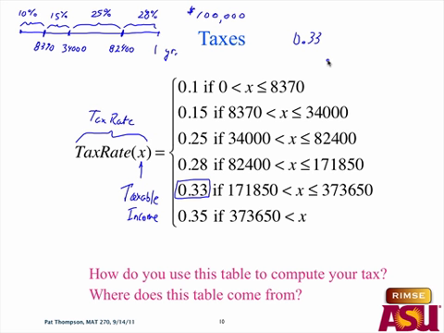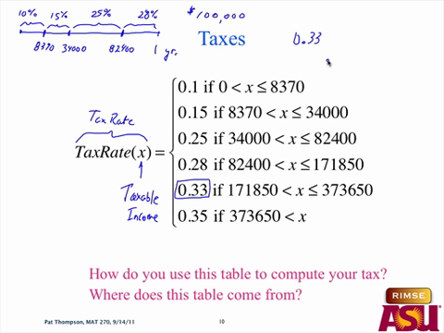So if you earn $1, you pay 33 cents. If you earn another dollar on top of what you already have, that's the rate for that $1.